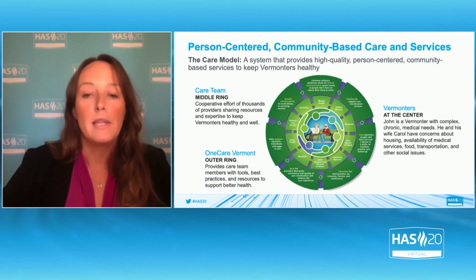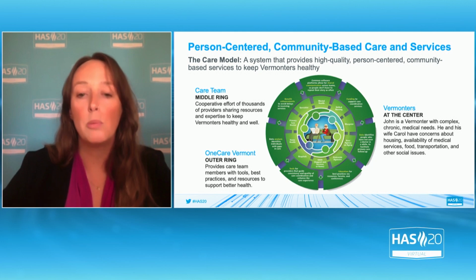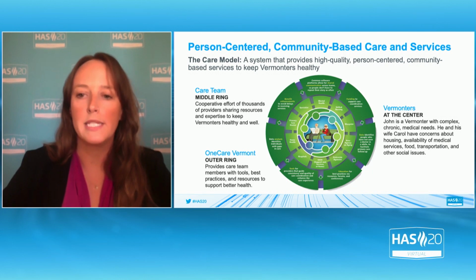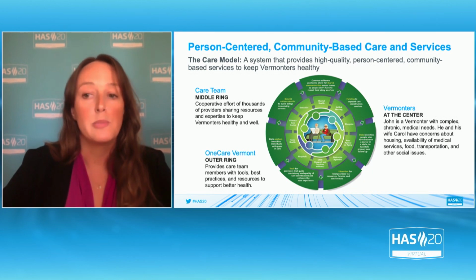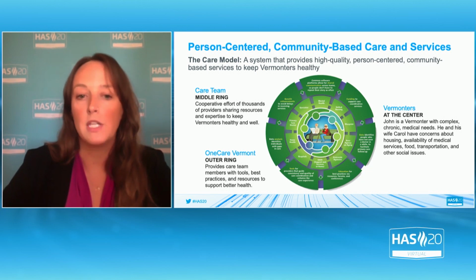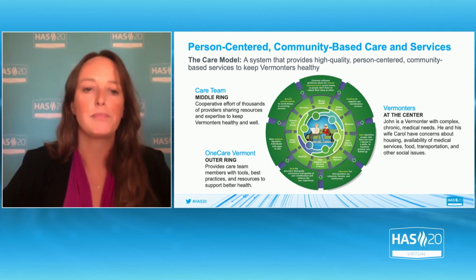We have monthly standard reports that provide a really high-level look at the progress under the model. And all providers also have access to our analytics team through the Data Literacy Initiative, which I'll talk a little bit more about in a second. They can request specific reports to track their work or work directly with one of our population health analysts if they aren't sure what they want to look at from a data perspective.